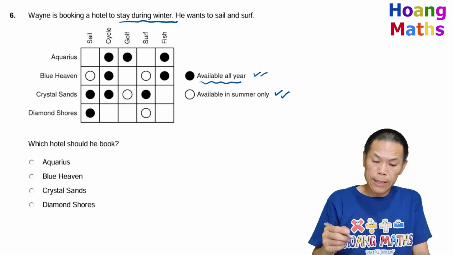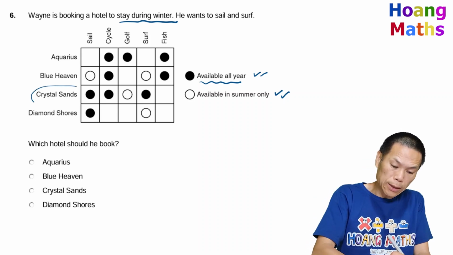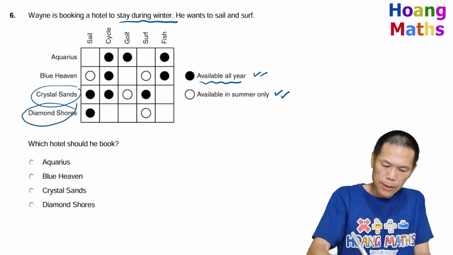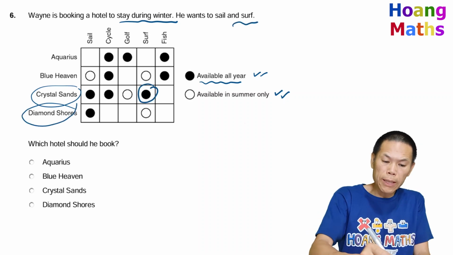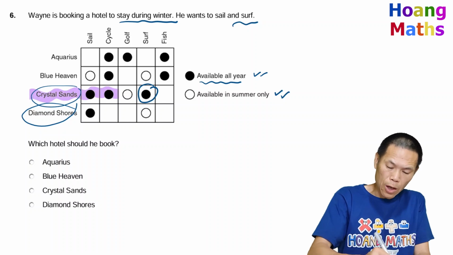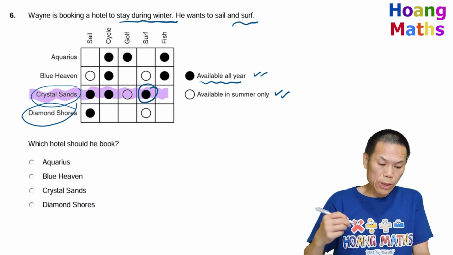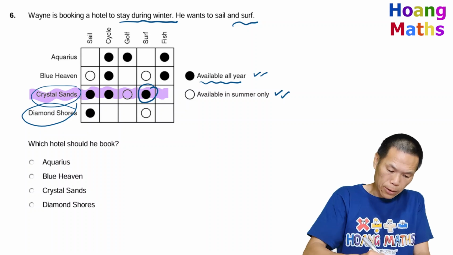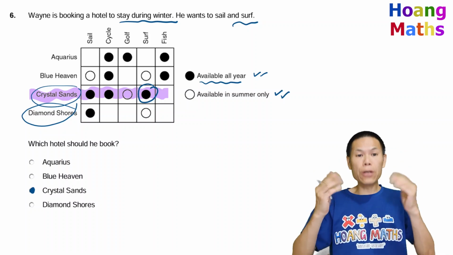So this means that all year will be available in here and here, and serve is only available here. So this means that only this hotel that he can stay. So Crystal Sands. So that is here. So there you go.